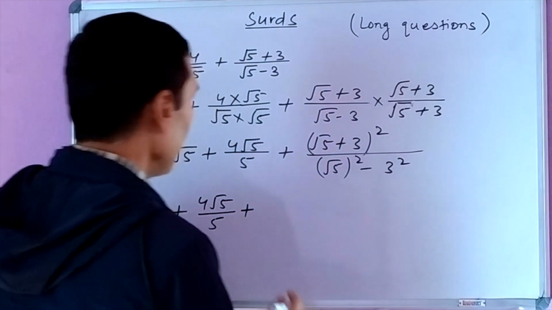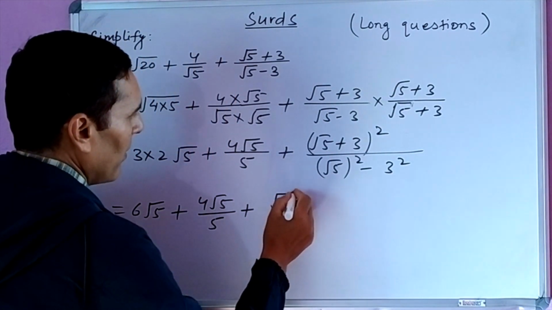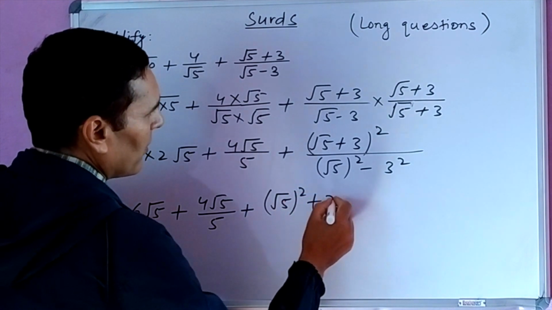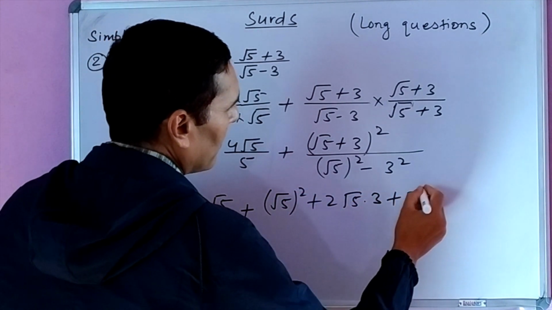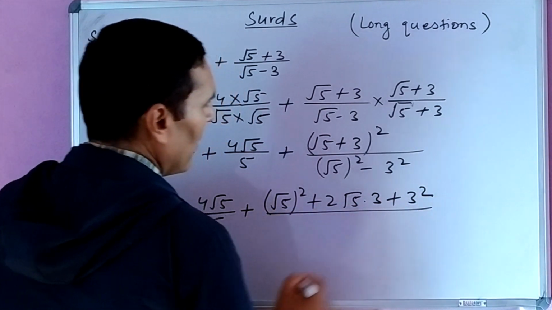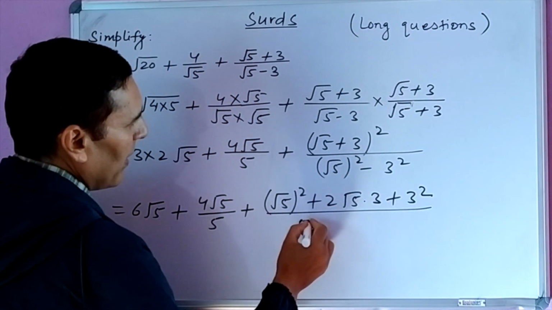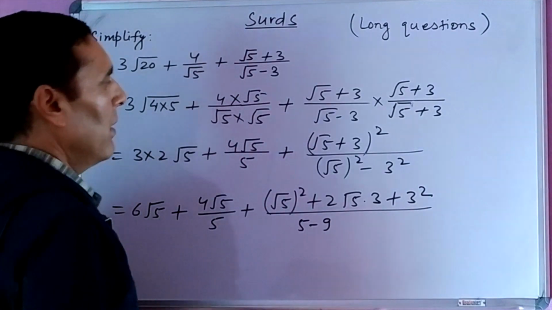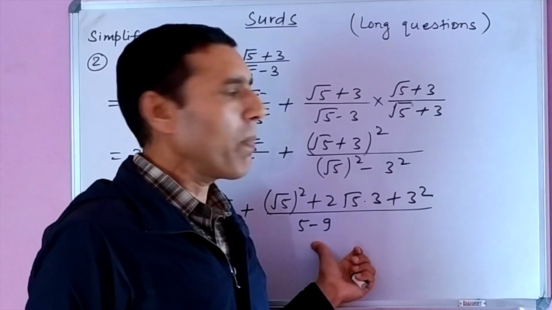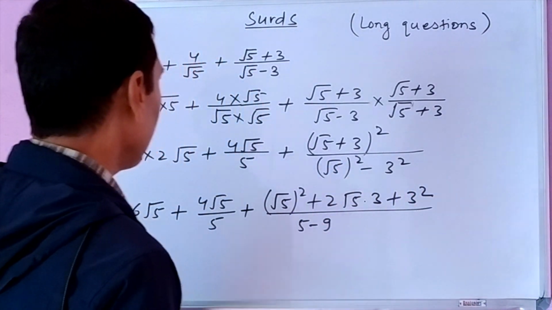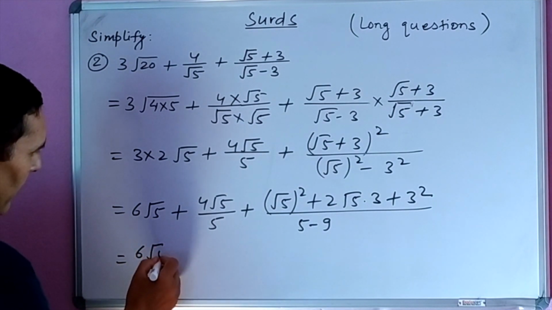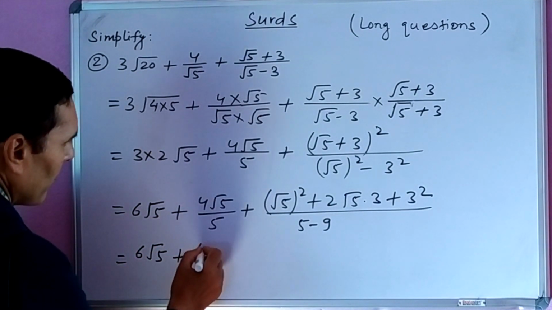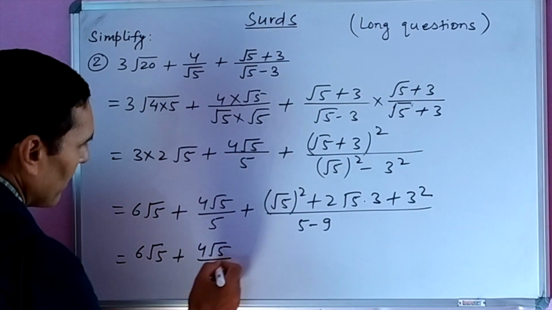(a plus b) whole square, a square plus 2ab plus b square, upon 5 minus 9. The square of root 5 is 5 only, and the square of 3 is 9. It is now 6 root 5 plus 4 root 5 upon 5.